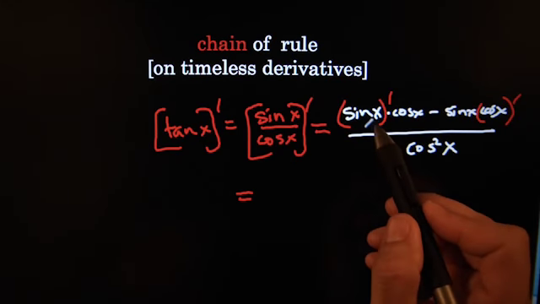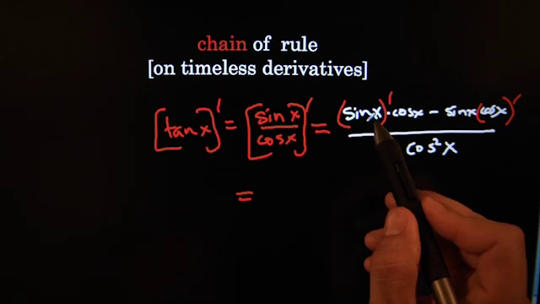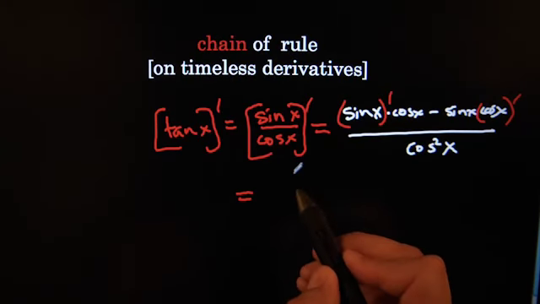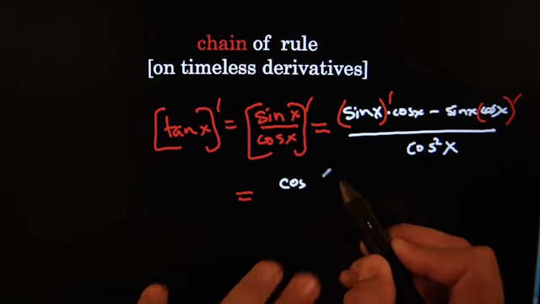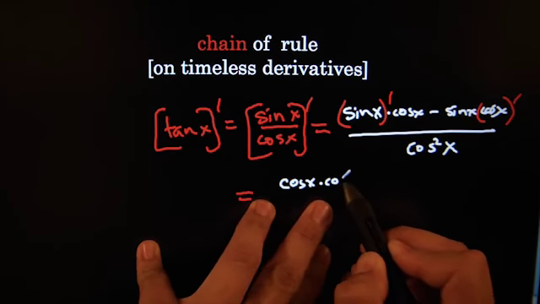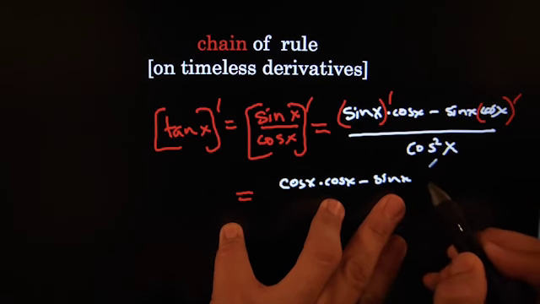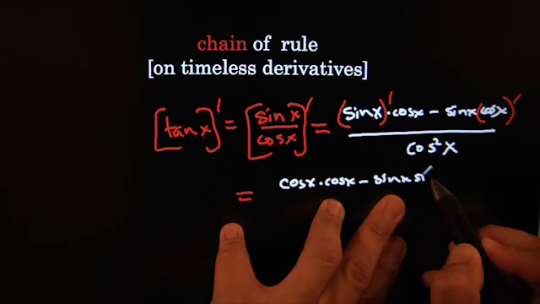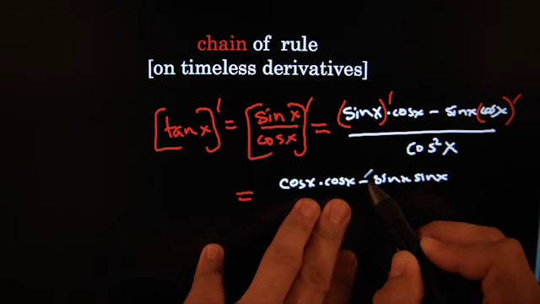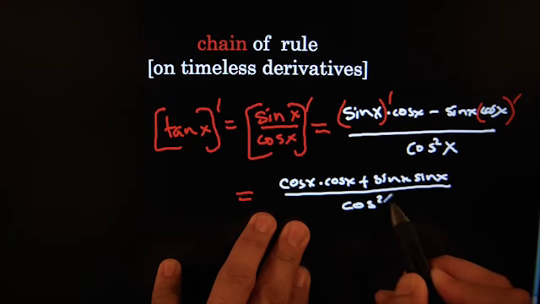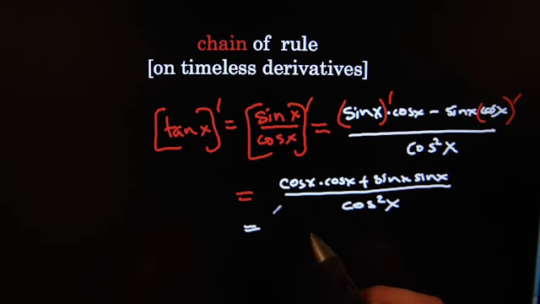And that becomes, let me think, the derivative of sine. Oh, this is duck soup. The derivative of sine is cosine. Cosine x times cosine x minus sine x times the derivative of cosine, which is negative sine, so that makes that one a plus, all over cosine squared x.